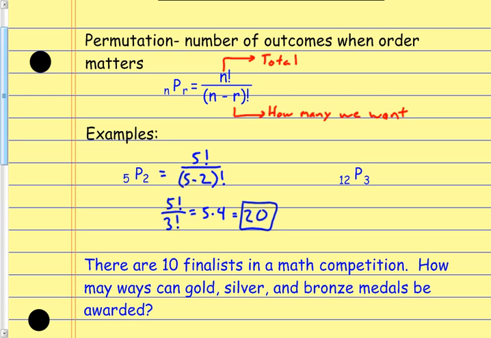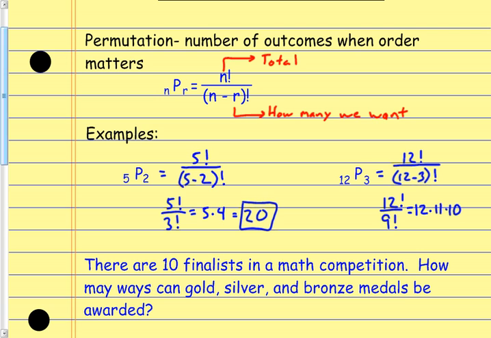If I look at something like this, again, it's the permutation of 12 choose 3, or 12 permutation 3. So I would do 12 factorial over 12 minus 3 factorial. Then I just simplify this. That's 12 factorial over 9 factorial. Everything from 9 on down cancels, so I'm just left with 12 times 11 times 10.